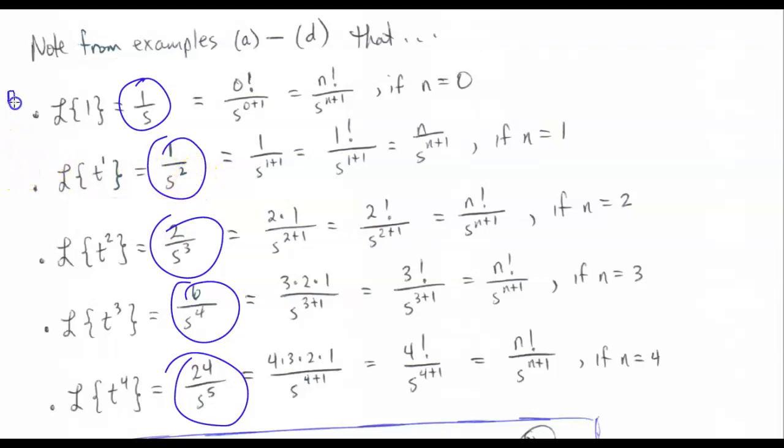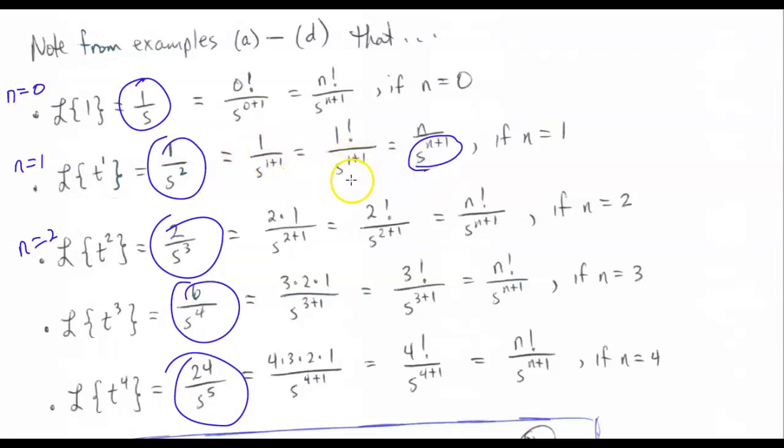This is the case when n is equal to 0. This is the case when n is equal to 1. Case when n is equal to 2. So we see that the denominator is always s raised to the n plus 1. That's where I got this from.